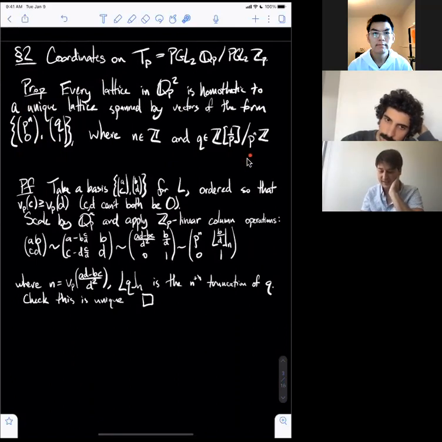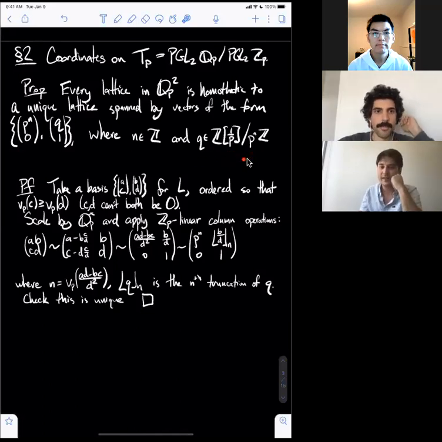We think of it as an integer where the denominator is just a power of p, and we think about this up to mod p^n. And so let's observe this is a countably infinite set. Okay, and so how do we do this?